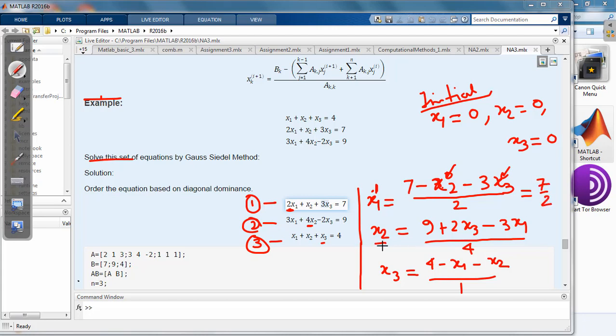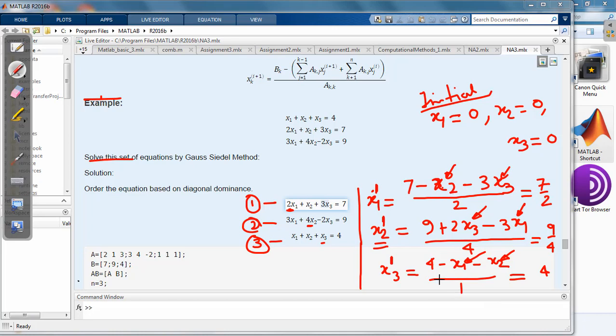Similarly, to find x2, we can put the initial guess values of x3 and x1, and we get the first iteration of x2. In that case, we'll get 9 by 4. And here if we put the initial guess of x1 and x2, we find x3 of the first iteration, and we'll get 4 by 1.